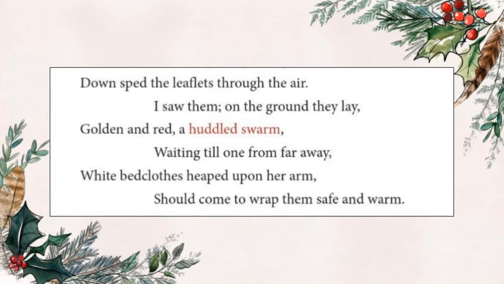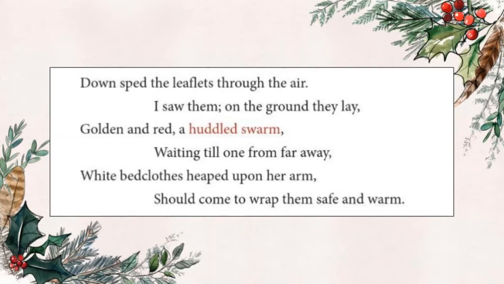Students, already we know that the father tree shook his head. There is an irregular motion, and all the dried leaves came down. All the leaves came down quickly through the air. Here, sped is the past tense of speed.